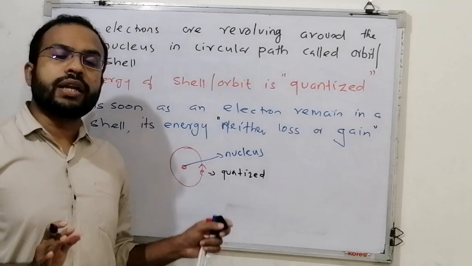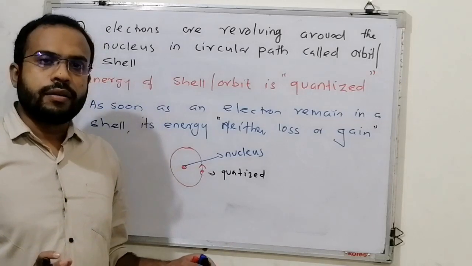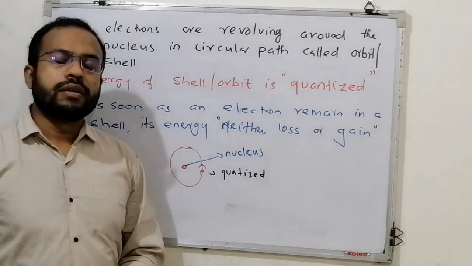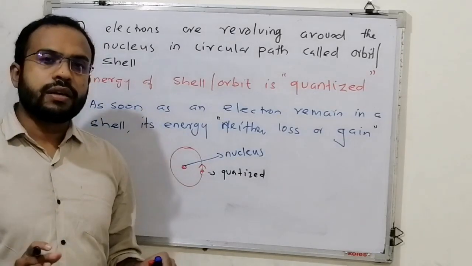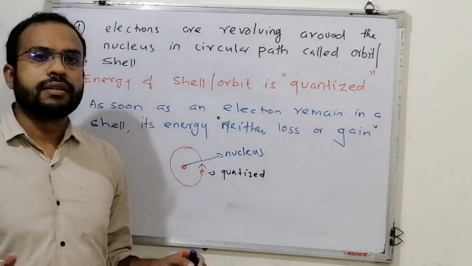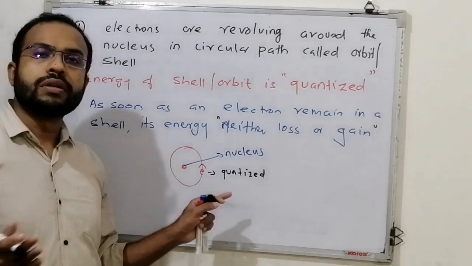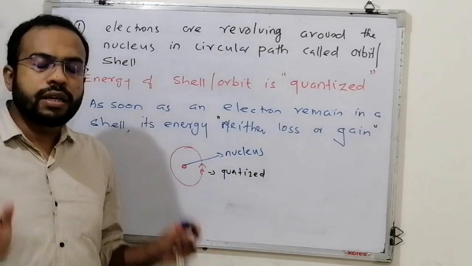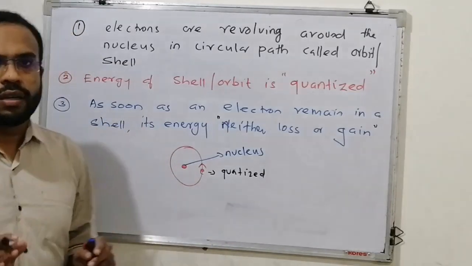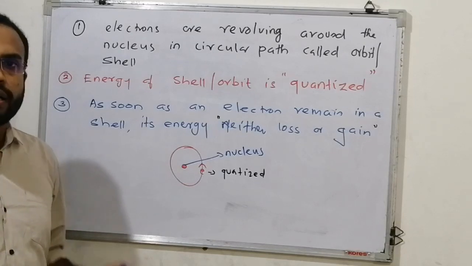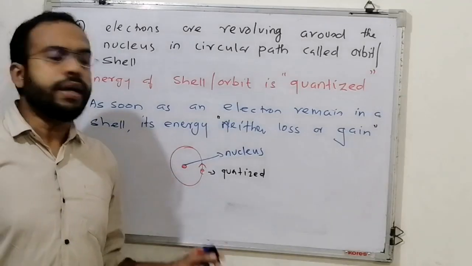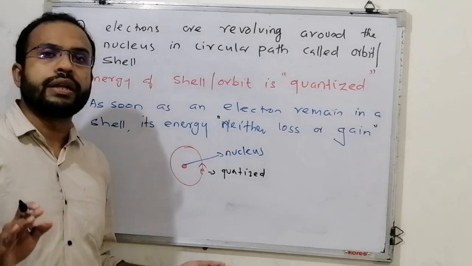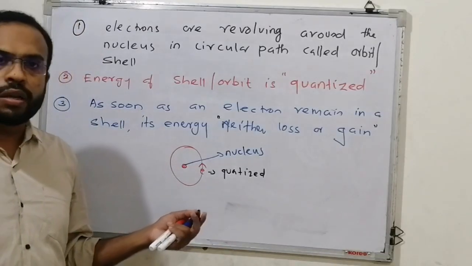This is the revolutionary statement made by Bohr in his atomic model. He courageously stated that energy neither loses nor gains. Why? The simple answer is, energy level is quantized.